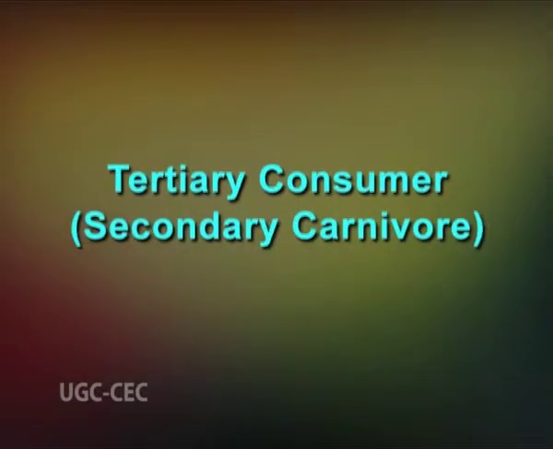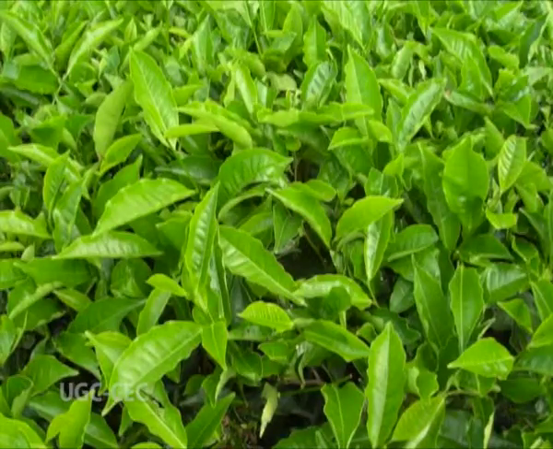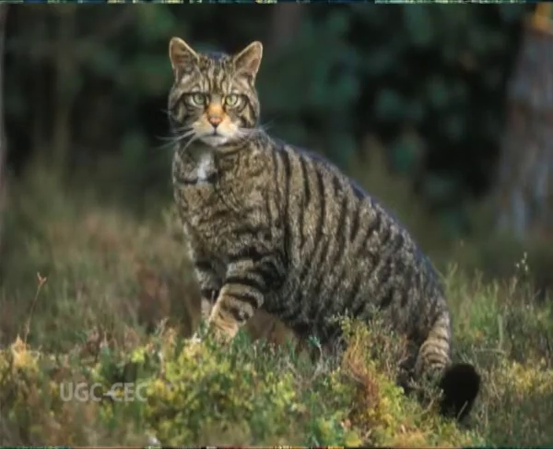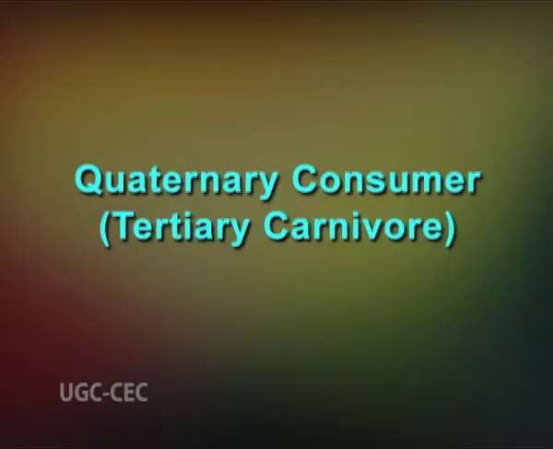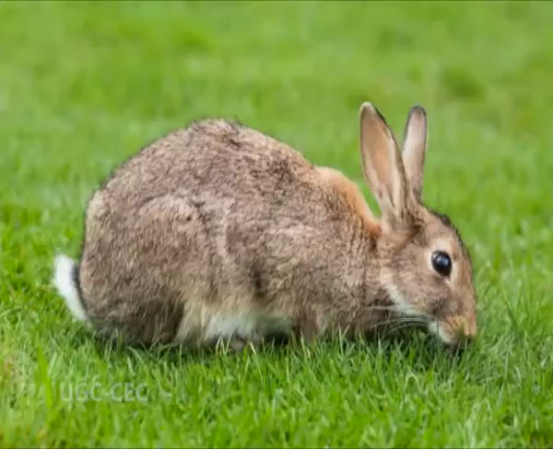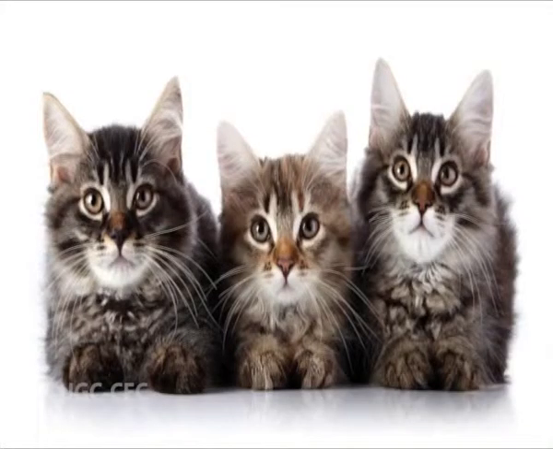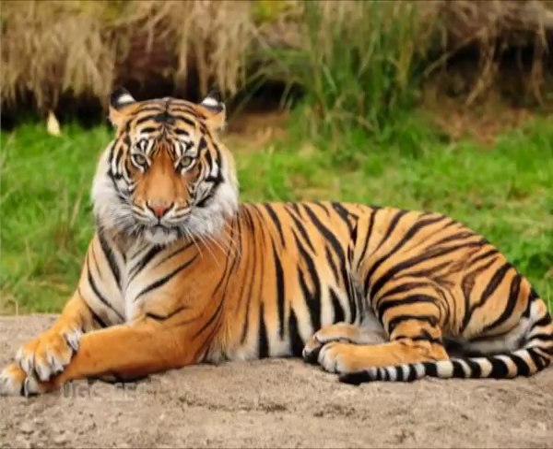Tertiary consumer, secondary carnivore level, for example, plants, rabbit, wild cat, tiger. Quaternary consumer, tertiary carnivore level, for example, plants, rabbit, cat, wolf, tiger.